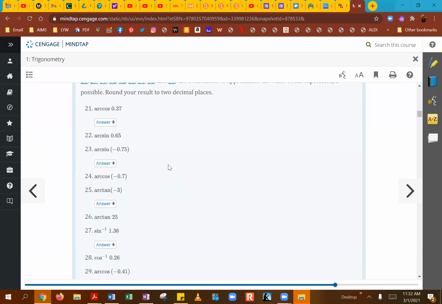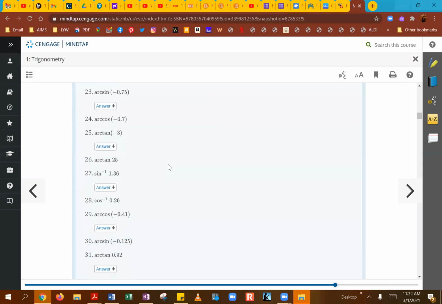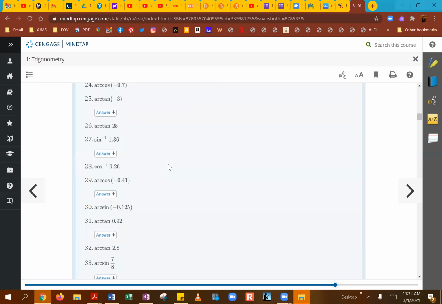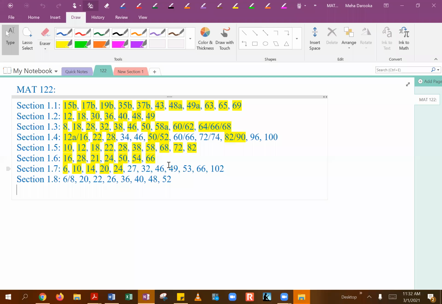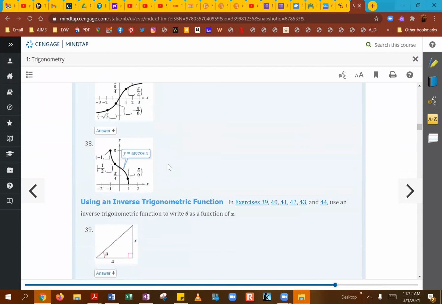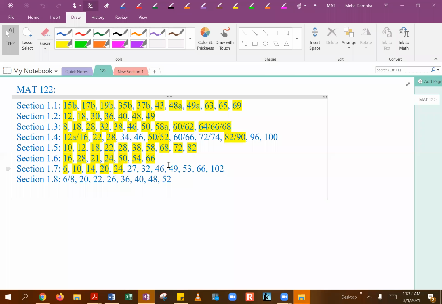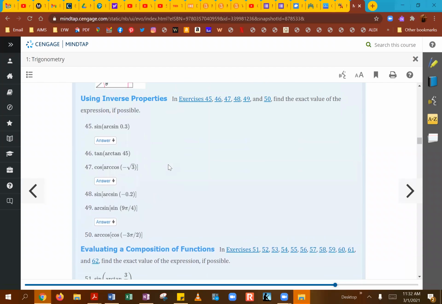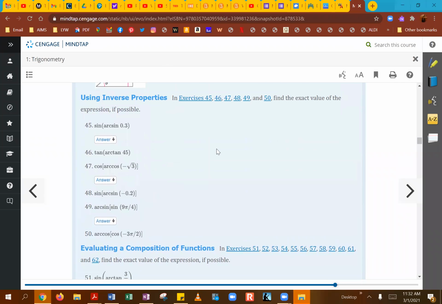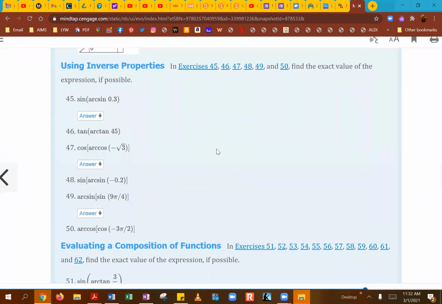Actually, this is a calculator problem, so I'm going to skip that. Let's go to 32. Oh, I didn't realize I had picked that many calculator examples. Okay, let's jump to 46 over here. Okay, so this is where they're asking us to find the exact value for our expression.